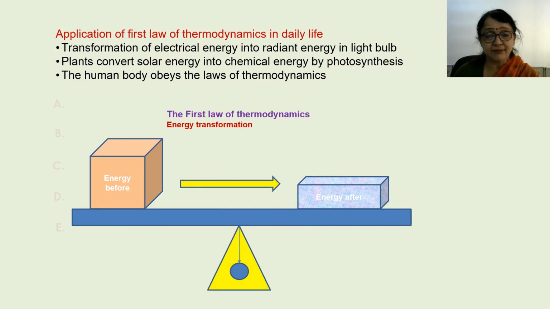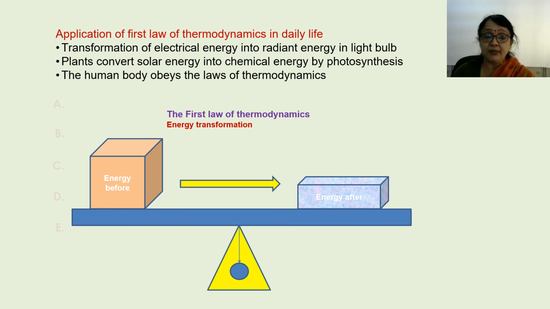Now, let us revise the laws of thermodynamics. We discuss the application of the first law of thermodynamics in daily life. The transformation of electrical energy into radiant energy in a light bulb is an example of the first law of thermodynamics. Similarly, plants convert solar energy into chemical energy by photosynthesis.